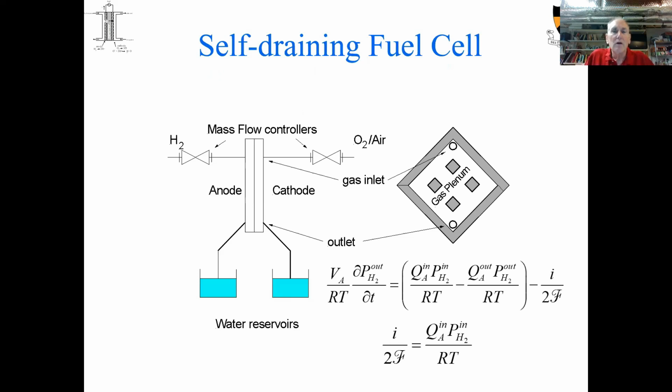So we took our self-draining fuel cell and tried an experiment where we took the effluent from the fuel cell and sent it into water reservoirs, so that we could feed hydrogen or oxygen in, and the gases wouldn't just flow through, but would be held in place by the water reservoirs.